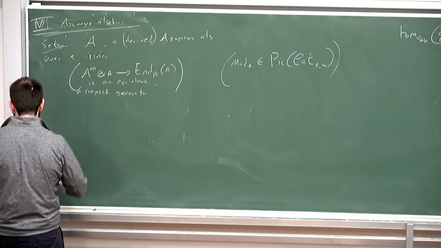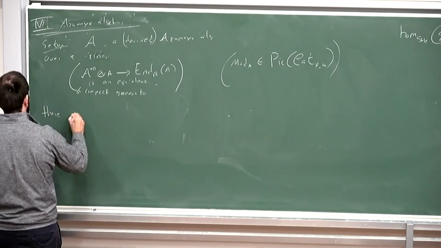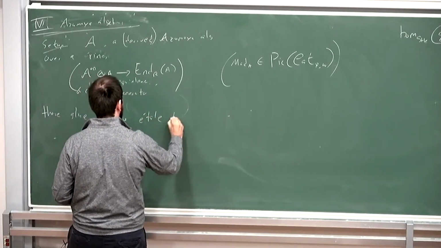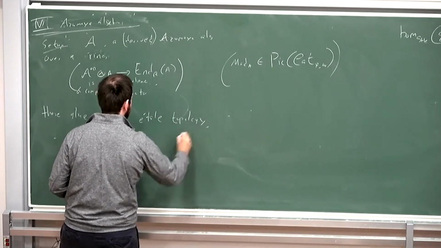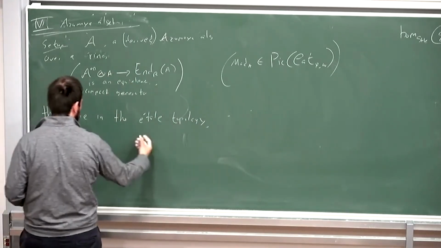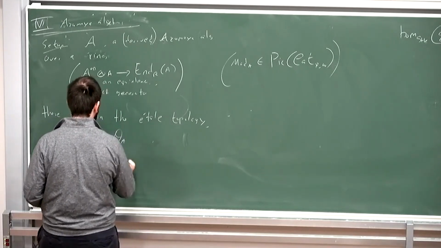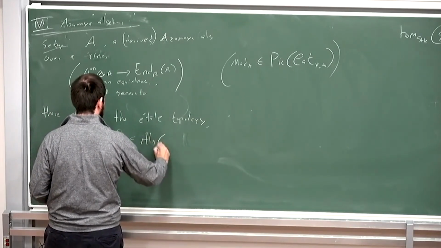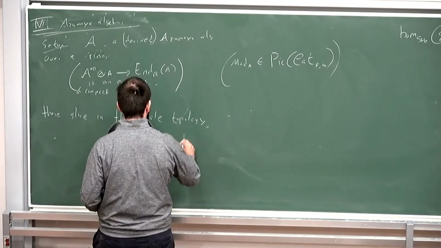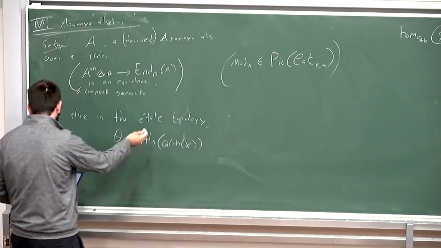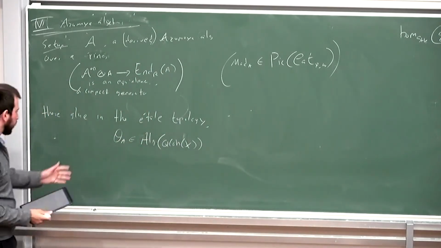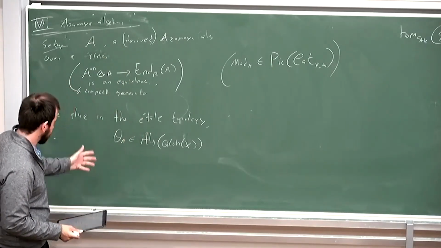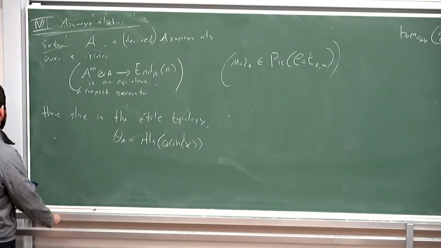And so these glue in the étale topology, so you get a sheaf of such objects. So you get a sheaf of algebras which, at least in the non-derived case, are locally equivalent to matrix algebras.